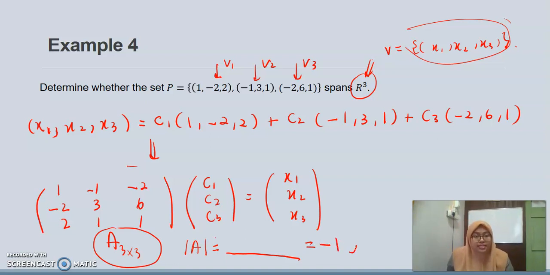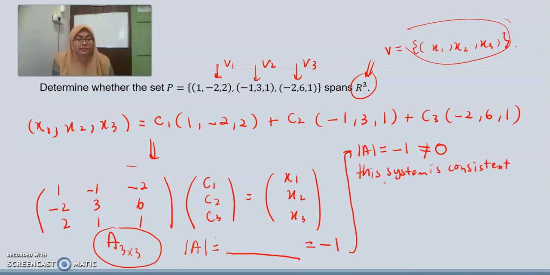Okay, so since the determinant is -1 and the determinant value does not equal 0, that means this system is consistent. That means there exists a unique solution for C1, C2, and C3.